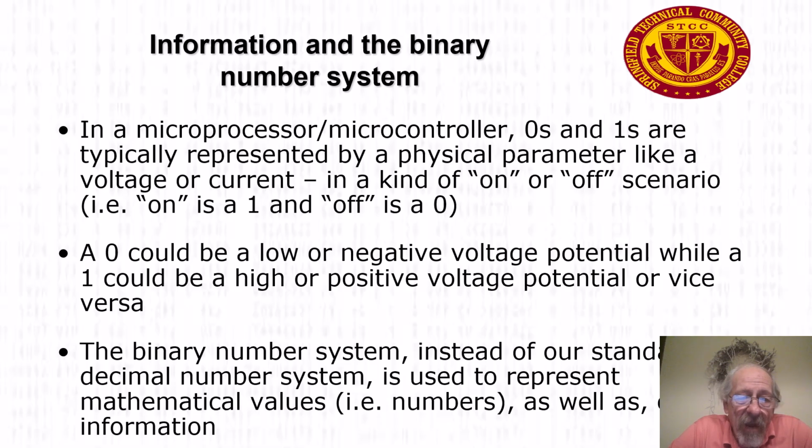And that could be +5 volts is a 1 and 0 volts is a 0. The next bullet says 0 could be a lower negative voltage potential, while a 1 could be a higher positive voltage potential, or vice versa. Now, the binary number system, instead of our standard decimal number system, is used to represent mathematical values, as numbers, as well as other information.